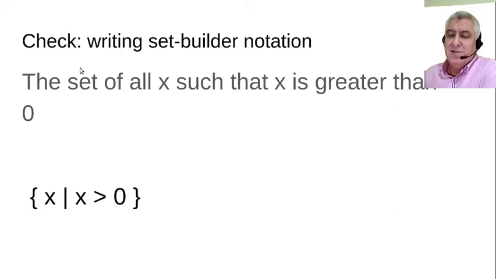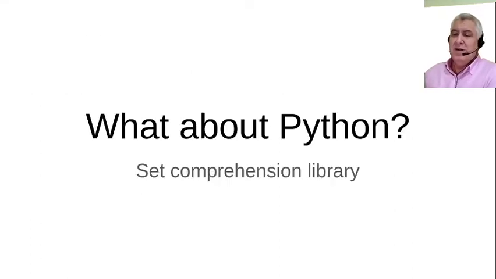Okay, so here's what you should have had, and we're going to go ahead and move on to talk about Python. This is difficult because most of the time we're using set builder notation, we're not using finite sets, we're using infinite sets, so there's not really a good use for that in computers.